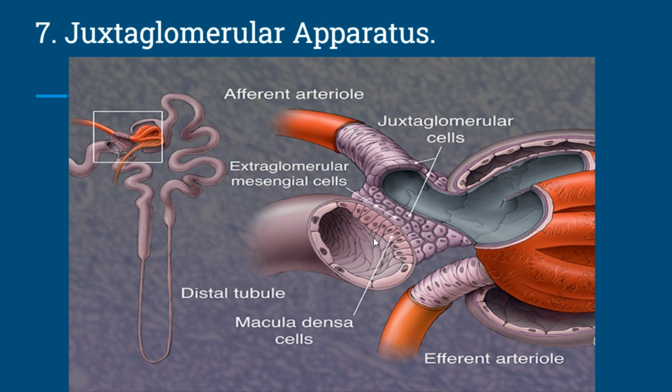So if there is hypovolemia or hyponatremia, like low water content, or there is hypertension, the macula densa cells in the distal convoluted tubule and the mesangial cells will signal the juxtaglomerular cells to release renin, and also to constrict or dilate depending on the situation to control the blood pressure. It will also release renin to activate the renin-angiotensin-aldosterone pathway.